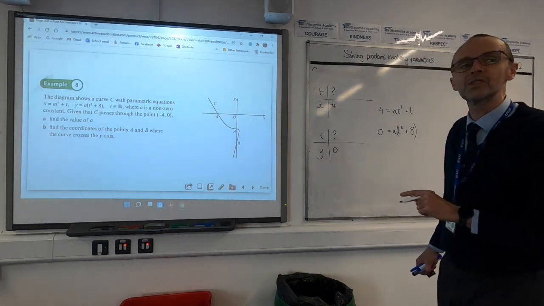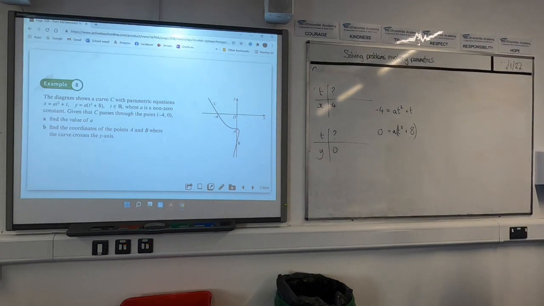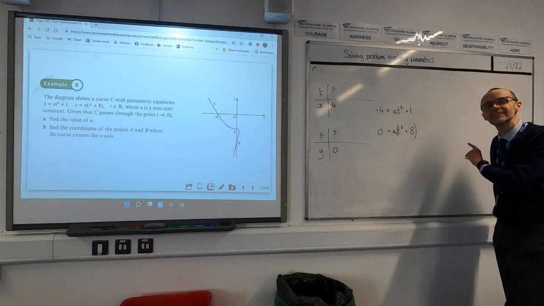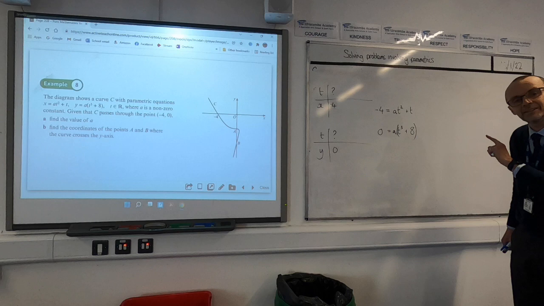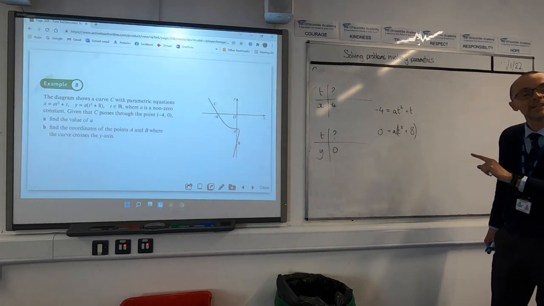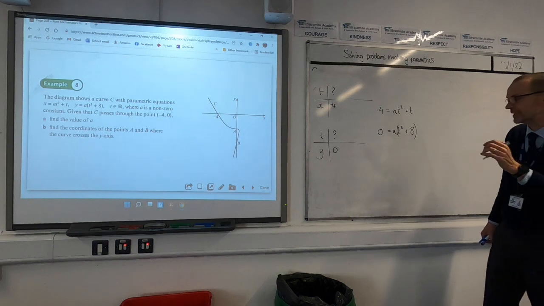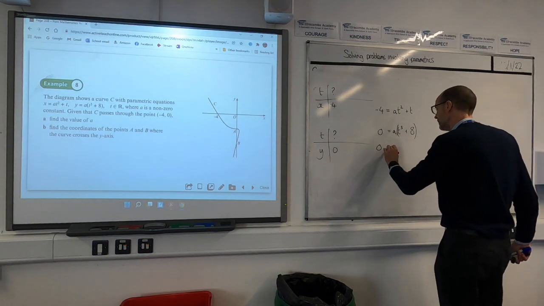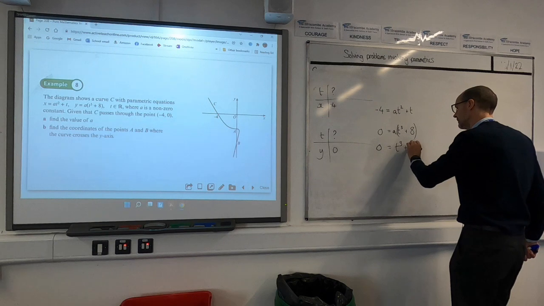It says a is non-zero. What does that mean, Charlie, I can do to this equation? Divide by a. 0 is your friend, so I can divide by a. I can only do that because a can't be 0, so that's good news, isn't it? Divide by a, I get that.